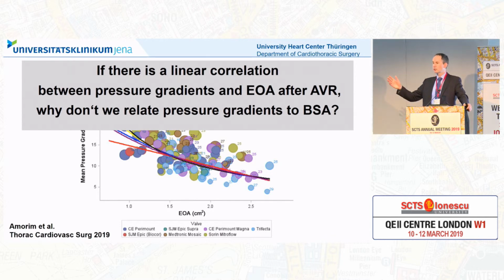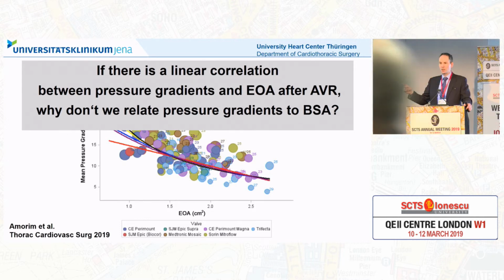You got your pressure gradient after surgery, it's 30. We divide it by 2, it's only 15, no problem anymore, right? Nobody would do this. You would never get to the idea to relate pressure gradient to body surface area. But you do it with the effective orifice area.